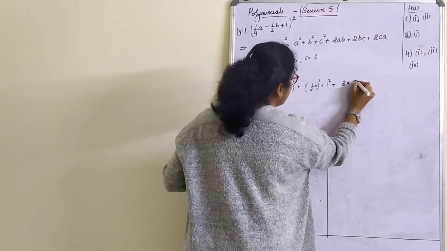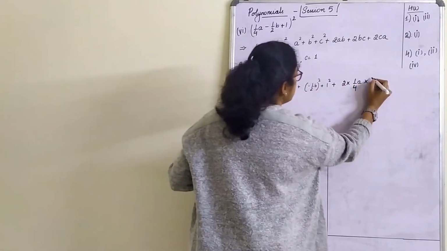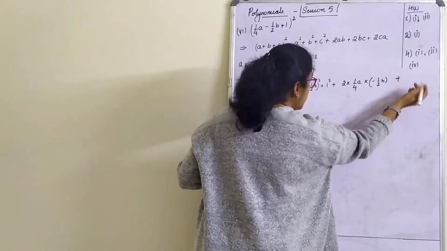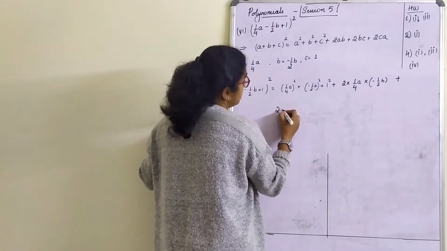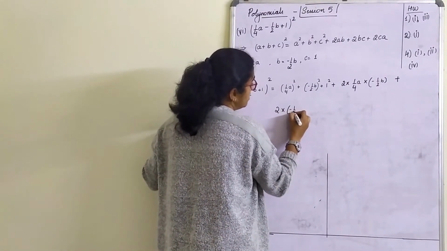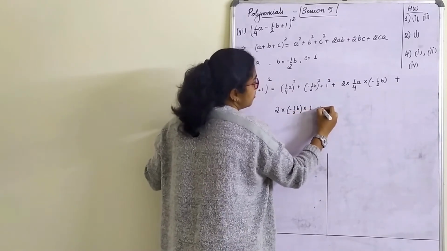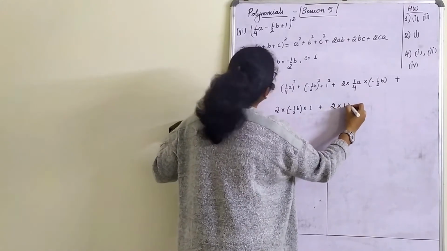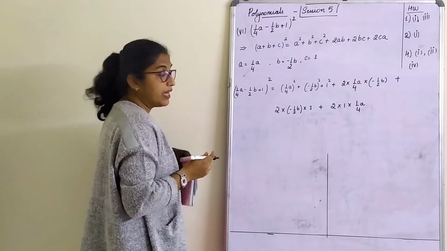2 into a is 1 by 4a into b is minus half b plus, I'll write here down 2bc. b is minus 1 by 2b into c is 1 plus 2ca. 1 into 1 by 4a. Okay.